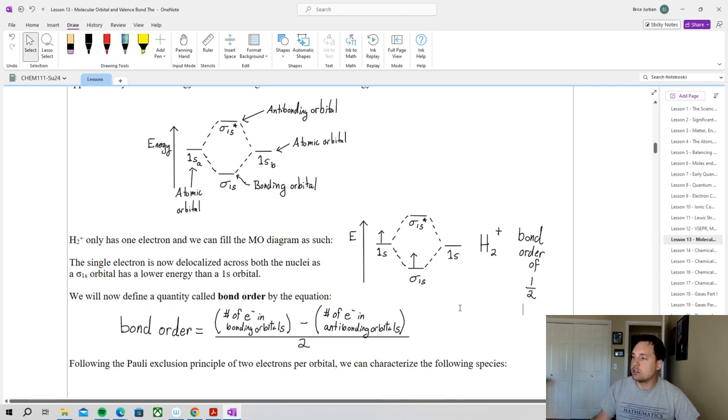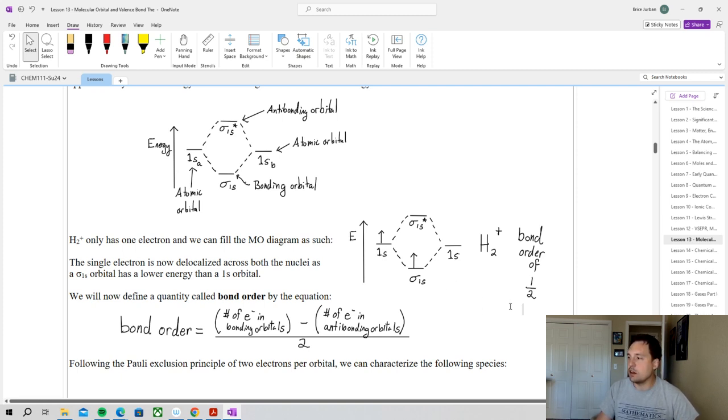So bond orders don't have to be integer values. They can be fractions. And this is a little unusual because normally we just think of single, double, and triple bonds. But here we have a half order bond.